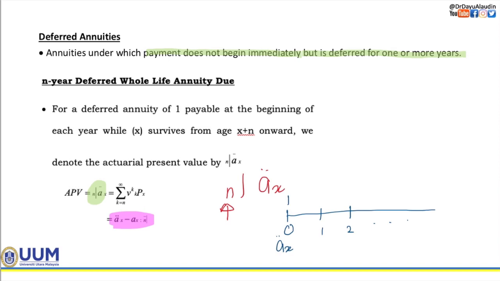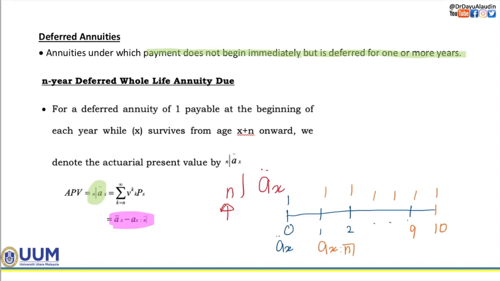So for annuity immediate, let's say 10 years, n is equal to 10. So it starts from 1 until 10 years, for example.